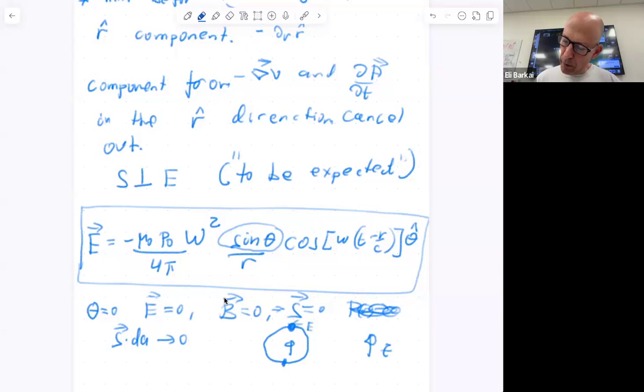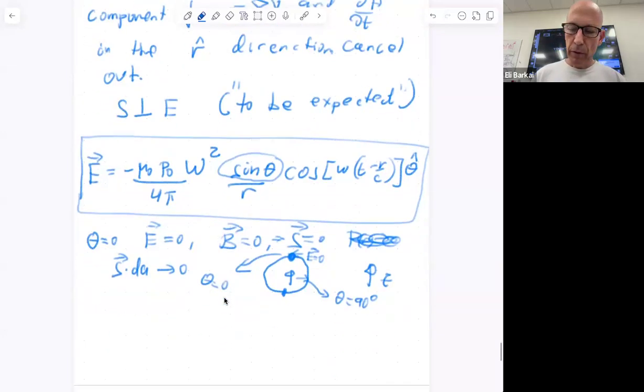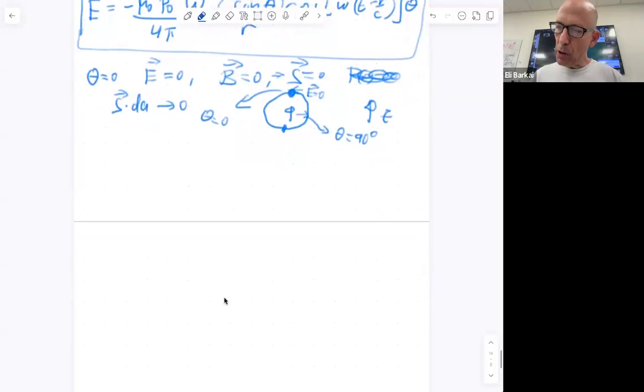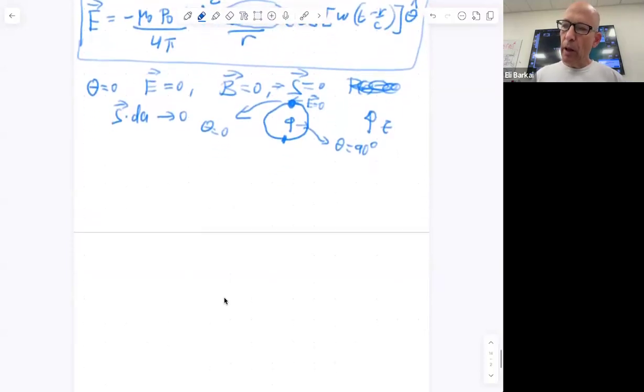Up here, E is equal 0. So where will the radiation eventually go? It will go mainly in this way. This way is when theta is equal 90 degrees. Up here, it's when theta is equal 0. Okay, so we already see something.